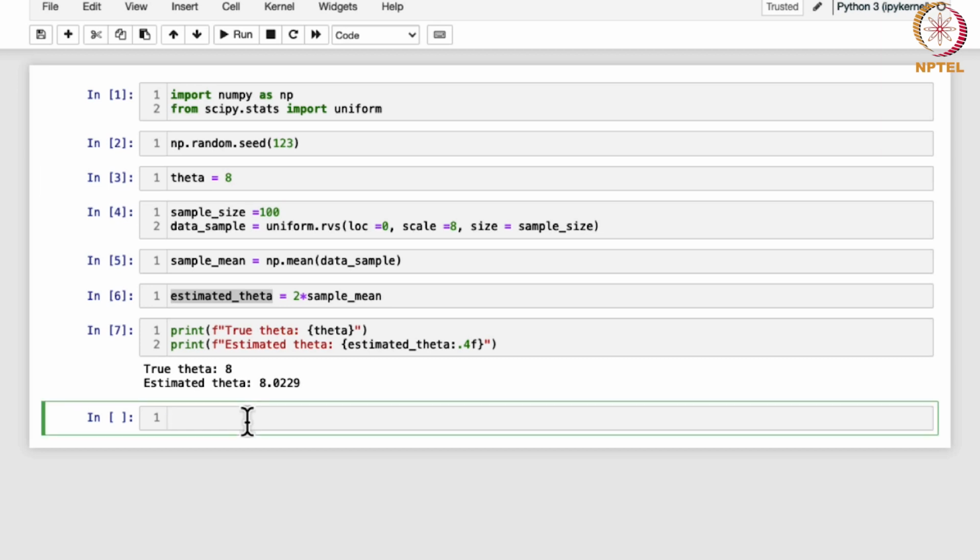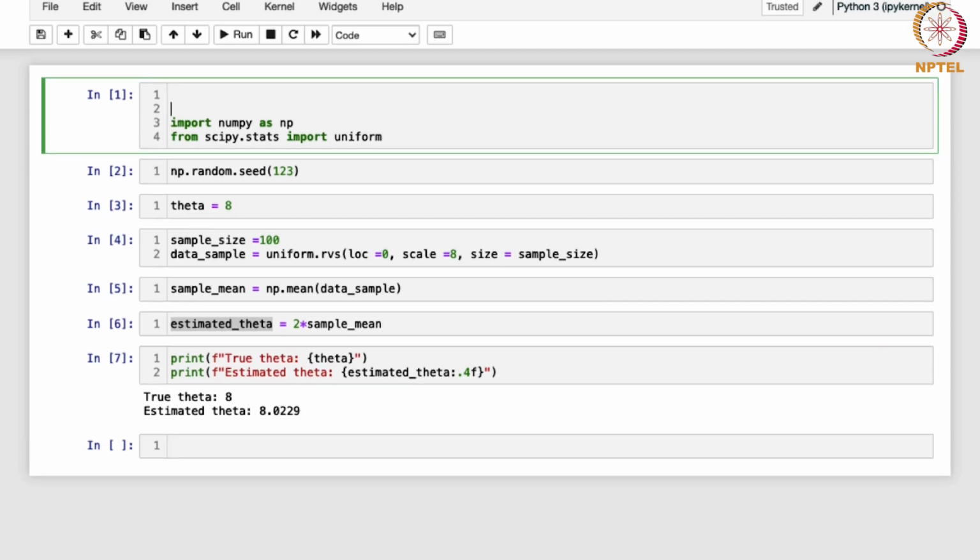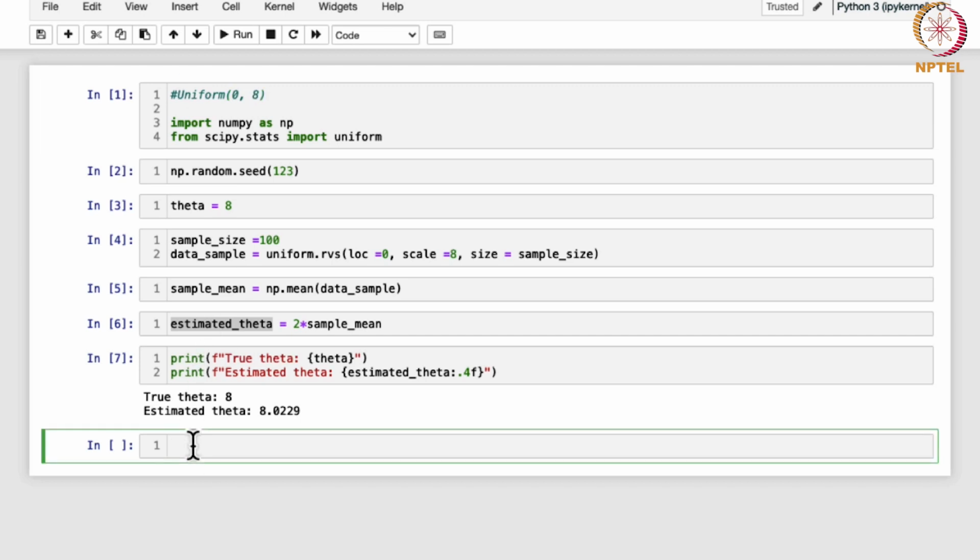So this was your uniform distribution. So let me just mention over here, this is for uniform 0, 8.